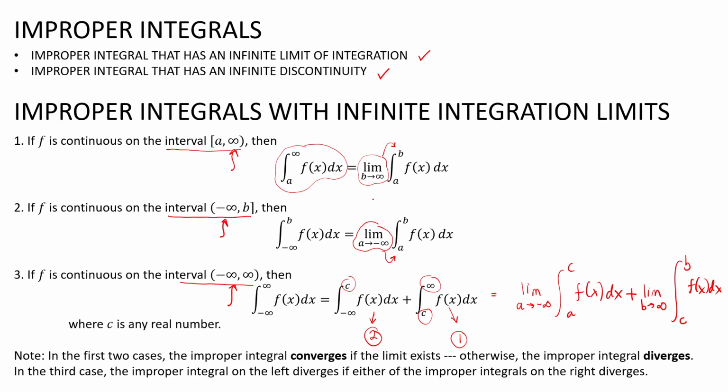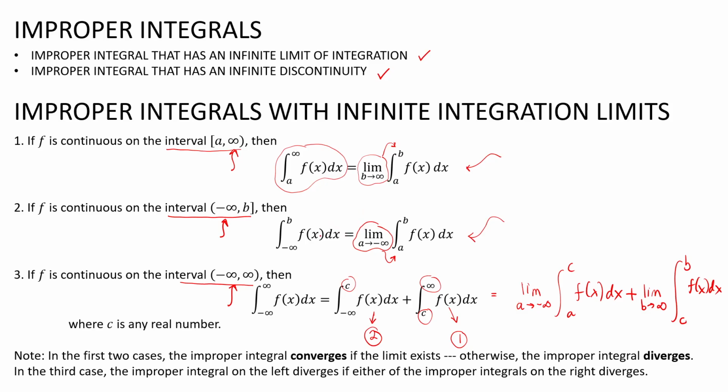So after you apply the properties, you apply these formulas, or you take out the negative and positive infinite limits. The next process is you have to integrate manually. And then after integrating, you apply the limits of integration, and then you apply the limit as b or a approaches infinity, depending on the problem.